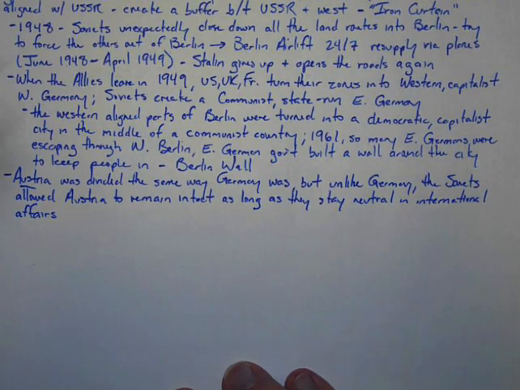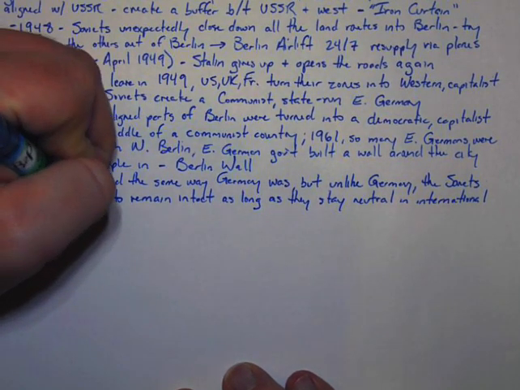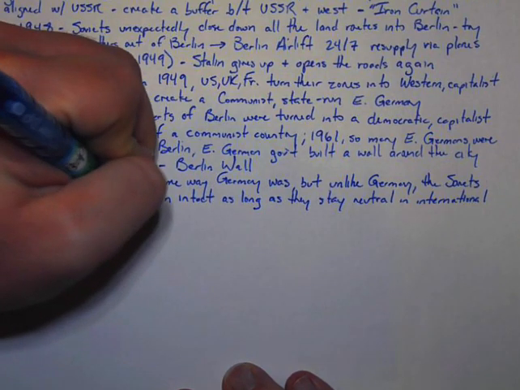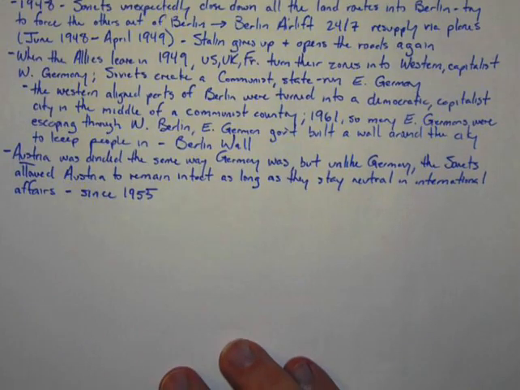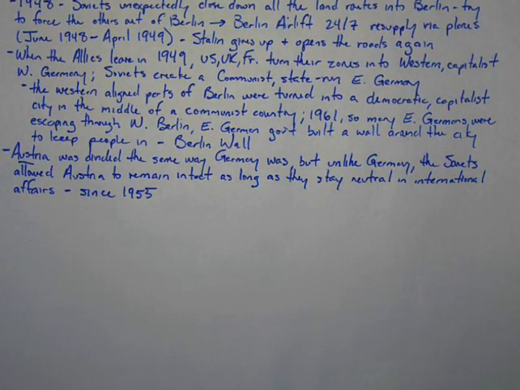And they did, and it's been that way since 1955. So since 1955, Austria has remained neutral, and they've never bothered anyone again, really.